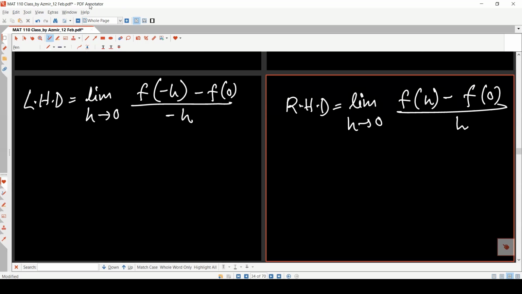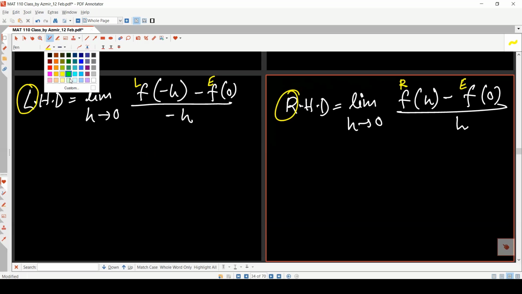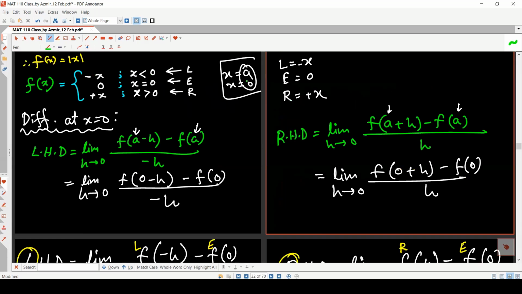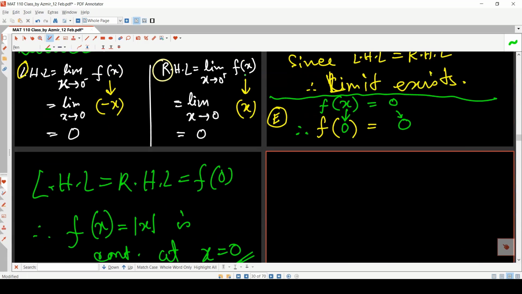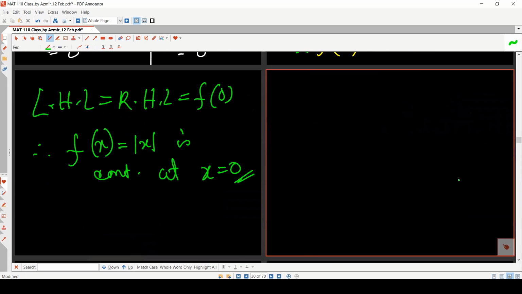Now you can remember that I have mentioned to you the first part is L, the second part is E. The first part will be R for right hand derivative, the second part will be E. And we have already found the value of f of 0. Whenever we have checked continuity, we have found that f of 0 is 0.